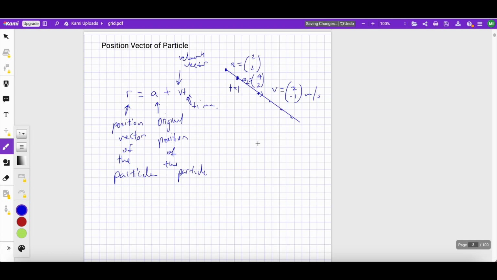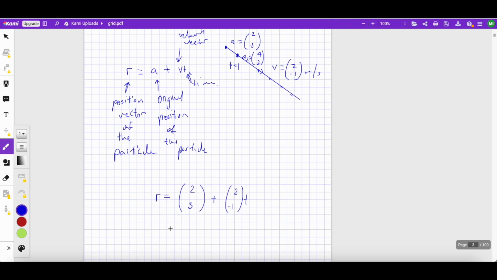So all in all, we can use this formula to represent this situation. r will be the position of the particle, which is 2, 3, the starting position, plus 2, minus 1, the velocity vector, times t. With this formula, at any given time, I know where my particle is going to be.